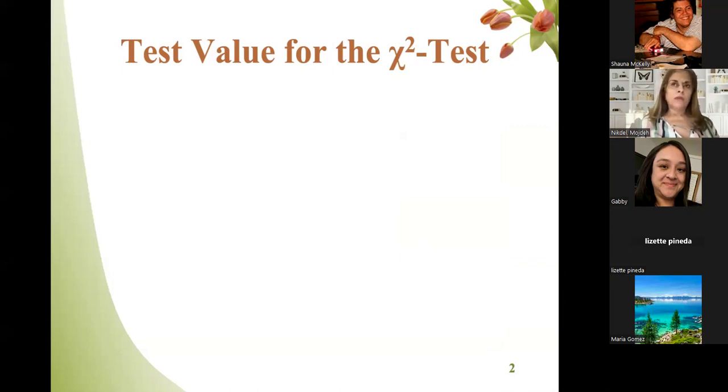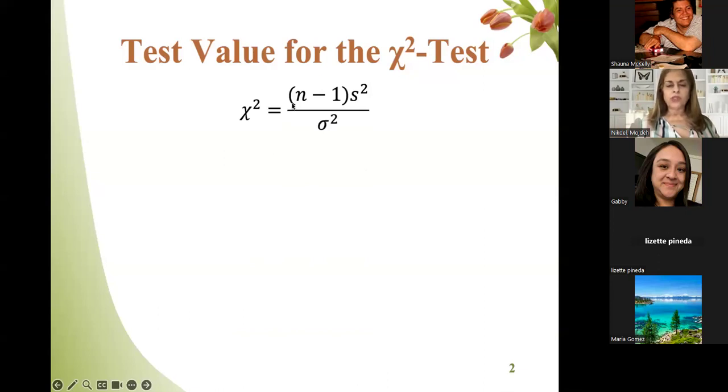So I'm not going to repeat it, but the only thing that changes from section to section is the test that we use. And depending on what test we use, the test value formula changes, and also finding critical value and p-value. So what is the test value for chi-square test? Since our test is chi-square, the formula starts with chi-square.